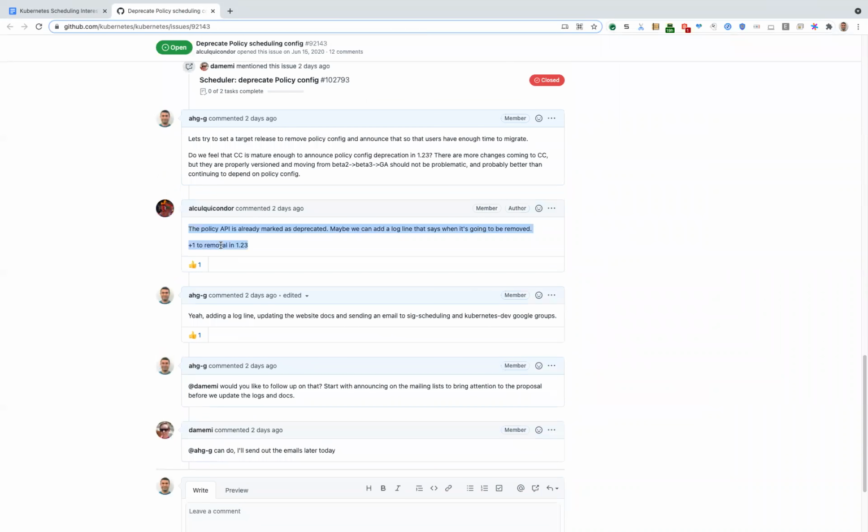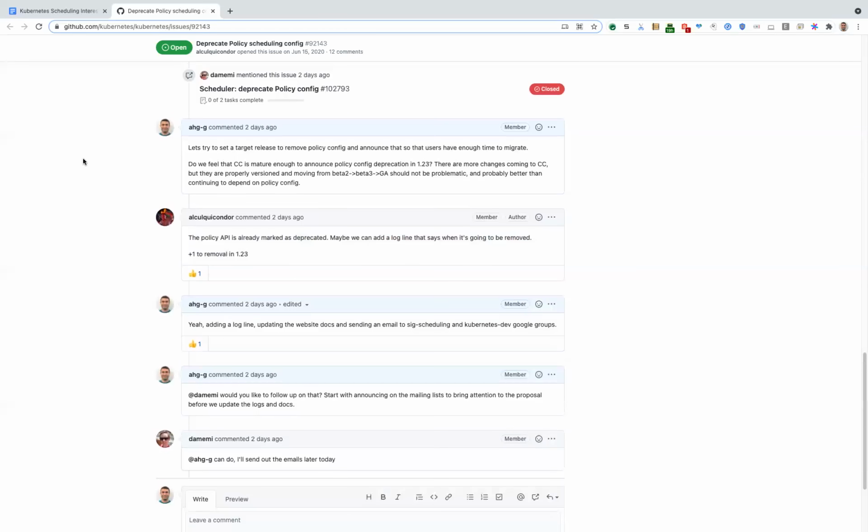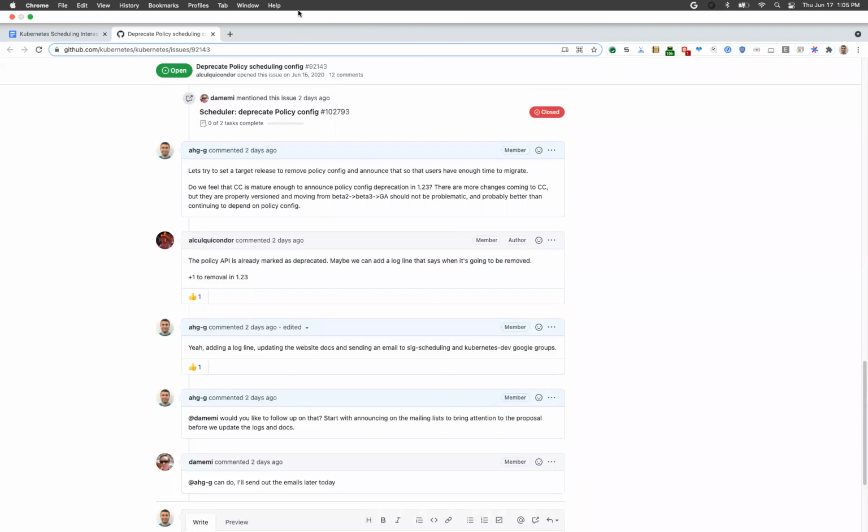I think we've made a lot of concessions and work to keep it supported as we've transitioned over to component config. We've done a lot of good work around making sure that everyone has ample time to update to that. So if there aren't any major objections, just letting everyone know that this policy, which is, if you're using predicates and priorities, that's the policy API that will be removed in, I think, two releases from now.